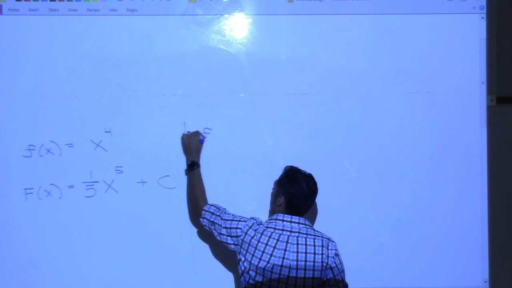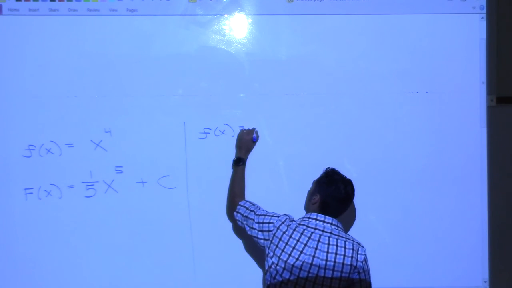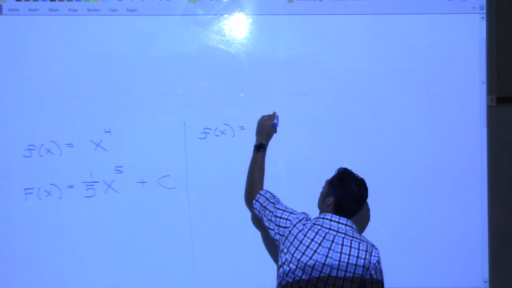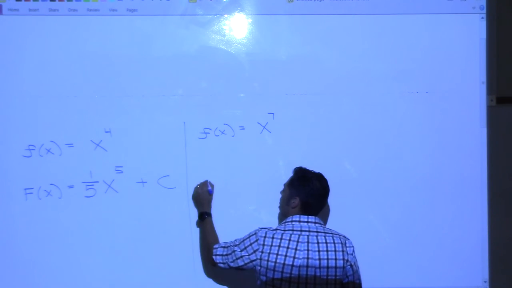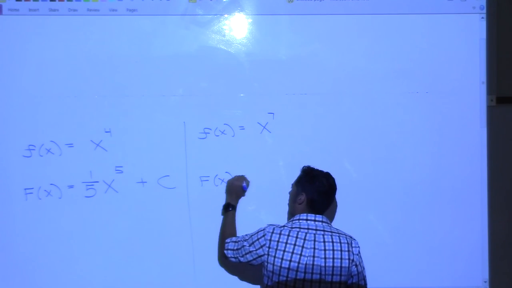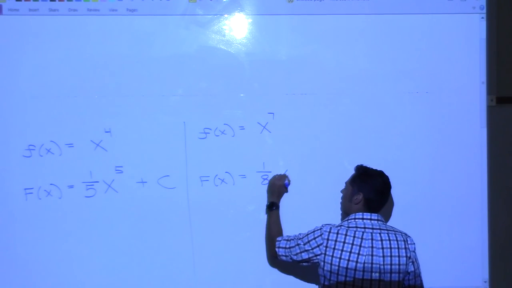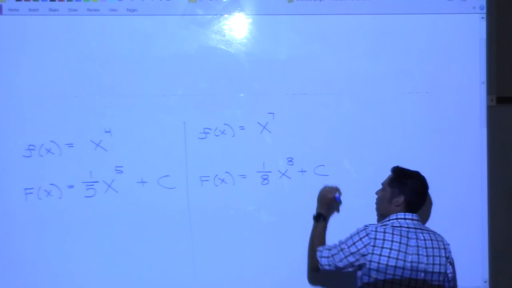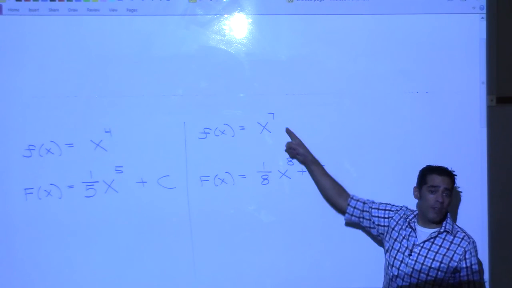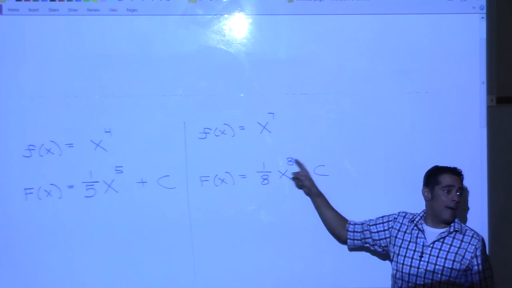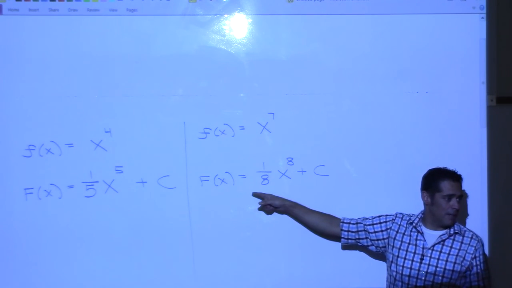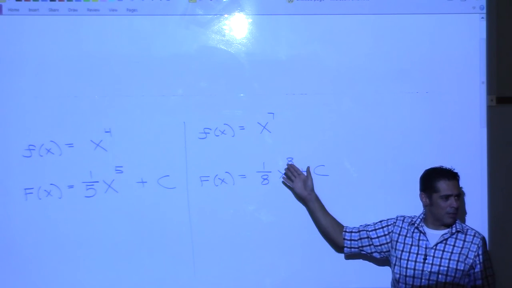Let's see. If f of x was x to the 7th power, then what would the general antiderivative of that be? 1 over 8 x to the 8th. Because again, we know the power is going to have to be one more than that. And then when that power comes out, it's got to get killed off, right? So this should work.